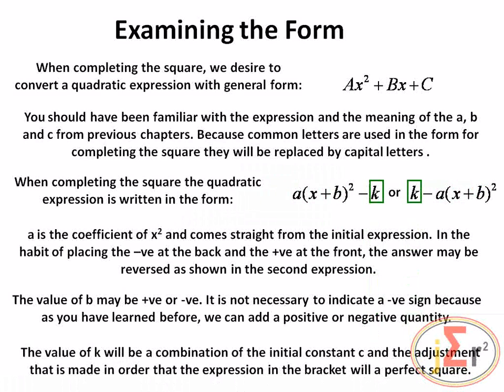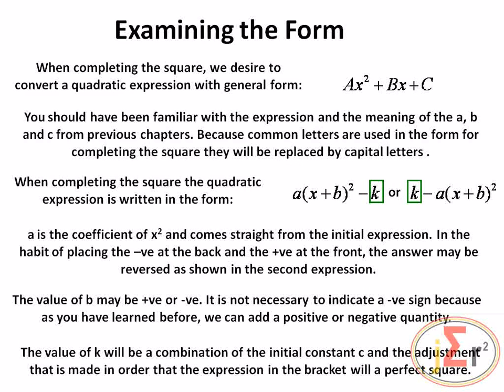The value of k will be a combination of the initial constant c, this one that we have here, and the adjustment that is made in order that the expression in the bracket will be a perfect square. Now when you get a quadratic expression, it is not necessarily a perfect square.